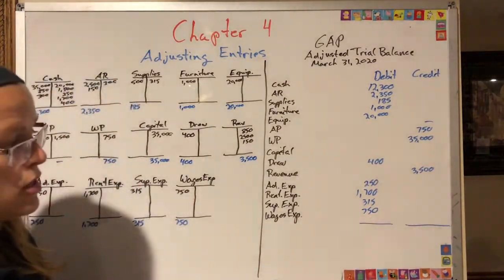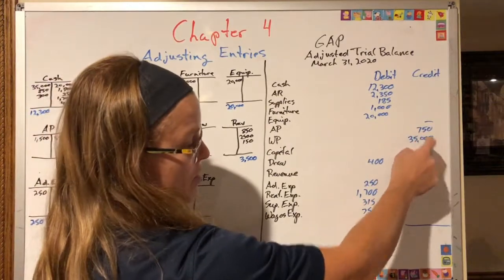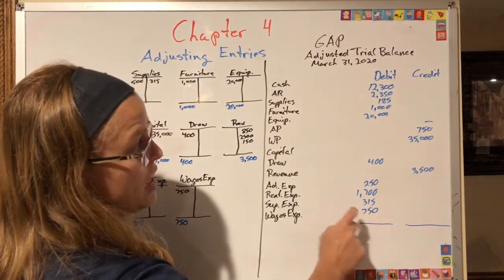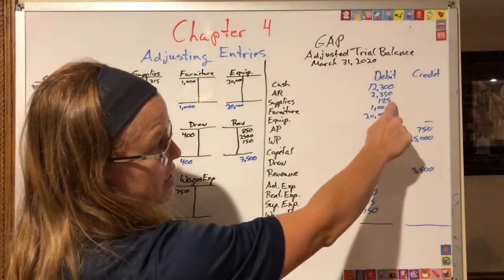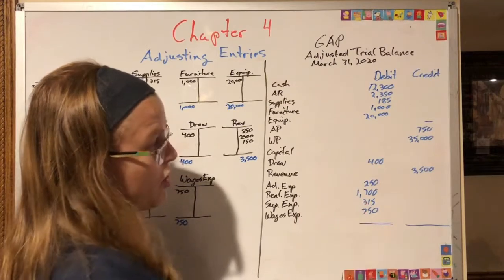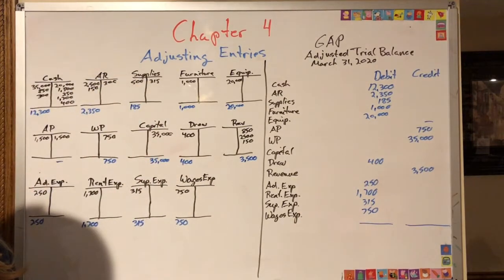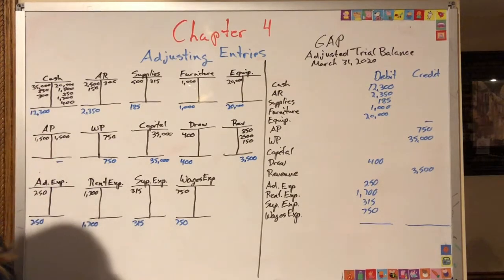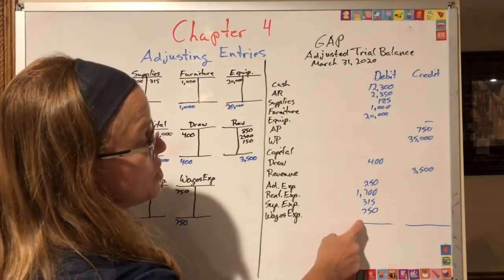So wages payable, $750, wages expense, $750, and then we have our supplies that was reduced to $185 and our expense of $315. All right, so we added that to the adjusted trial balance.